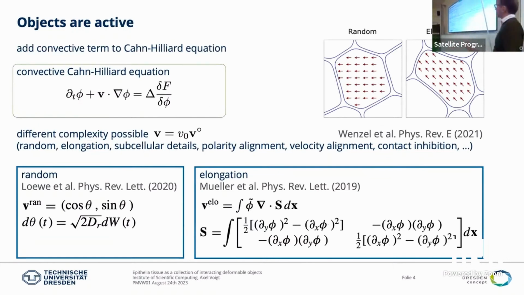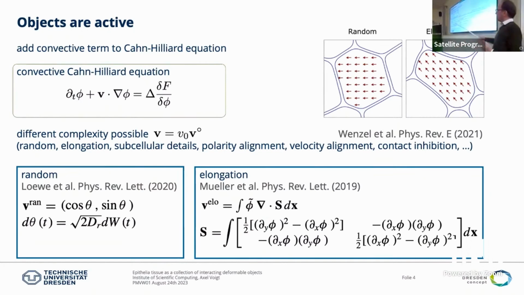And now there are various ways to describe this direction. So I just point out two. Well, the simplest probably is to say, we choose a random angle, and this follows some Wiener process, and then inside the cell, our activity is constant, and it moves in one direction, and then it changes. So that's maybe a generalization of an active Brownian particle to deformable objects.